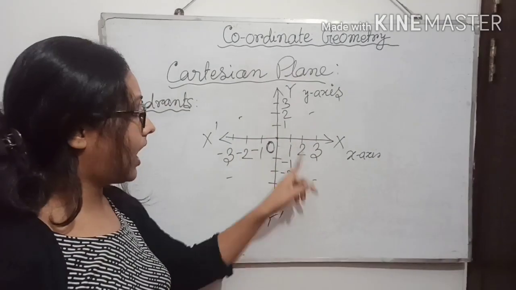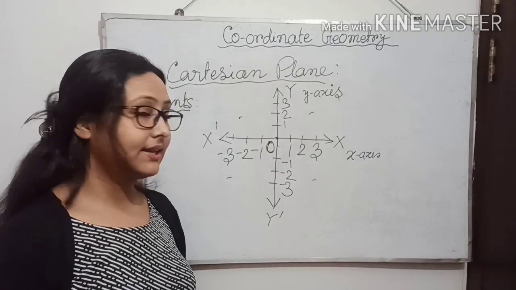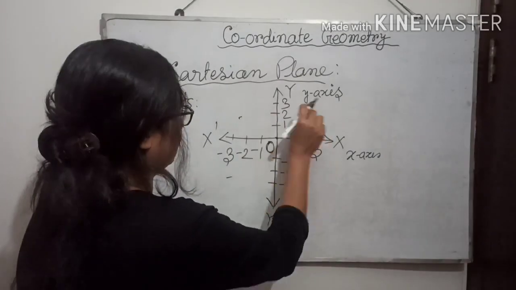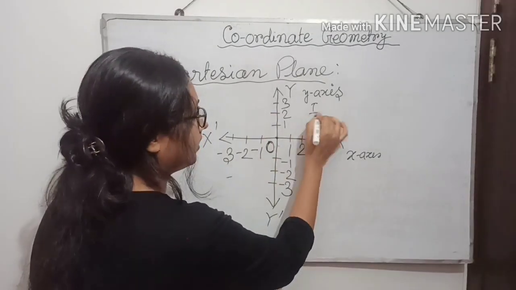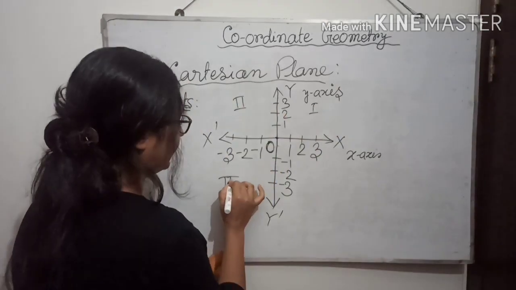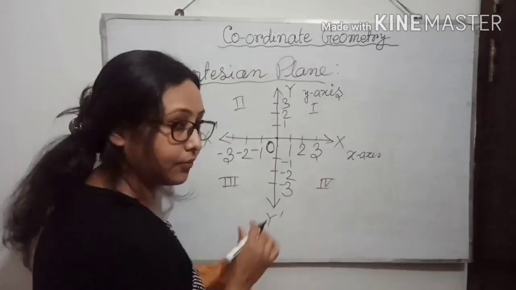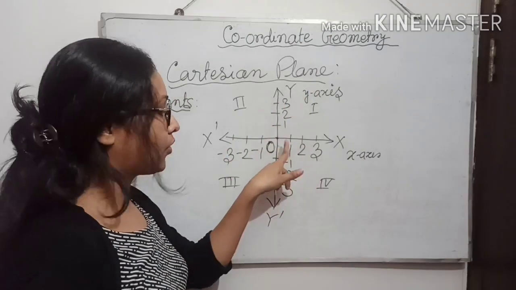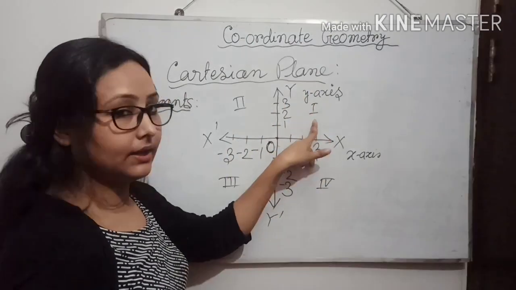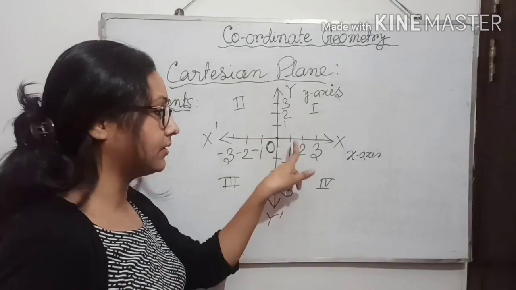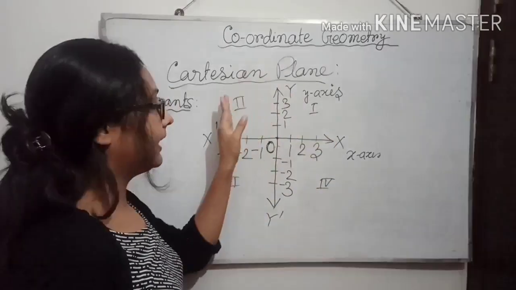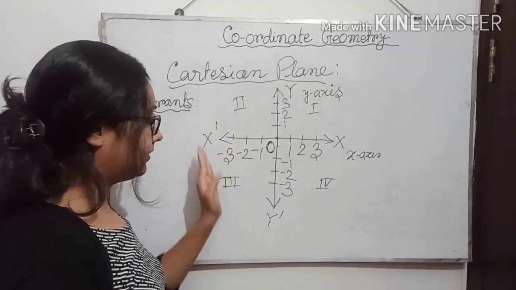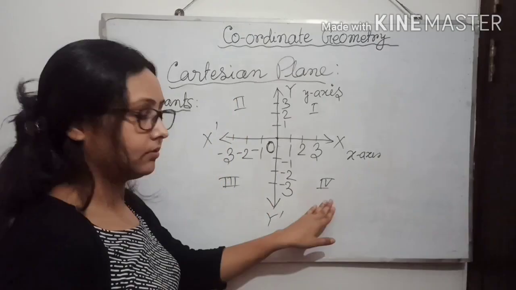So these are called quadrants and are numbered quadrant 1, quadrant 2, quadrant 3 and quadrant 4, and the numbering goes in the anti-clockwise direction from OX, that is, it is 1, then in the anti-clockwise direction 2, then in the anti-clockwise direction 3 and 4.